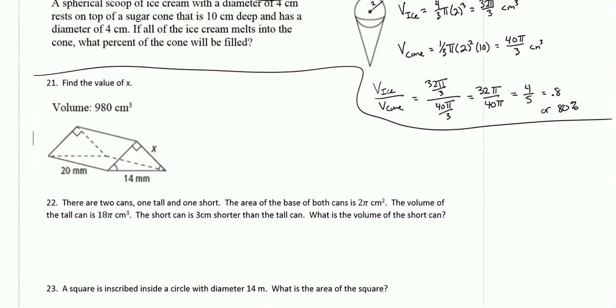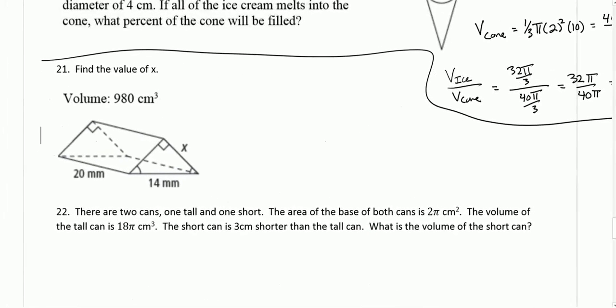Number 21, I want to find the value of x. We have a triangular base prism. So here we know that the volume is the area of the base, so 1/2 base times height of the triangle times the height of our prism. And we're given the volume at 980.